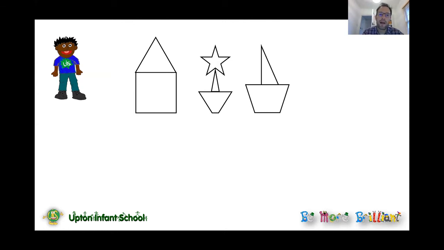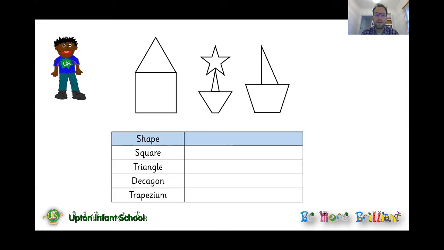Now, Sonny, I think it'd be a good idea if we can do a little chart, a little pictogram to show the different shapes that you've got, how many of them you've used. So I'm going to draw a little chart like that, and we're going to make a pictogram. A pictogram is how we show information by using pictures and symbols.